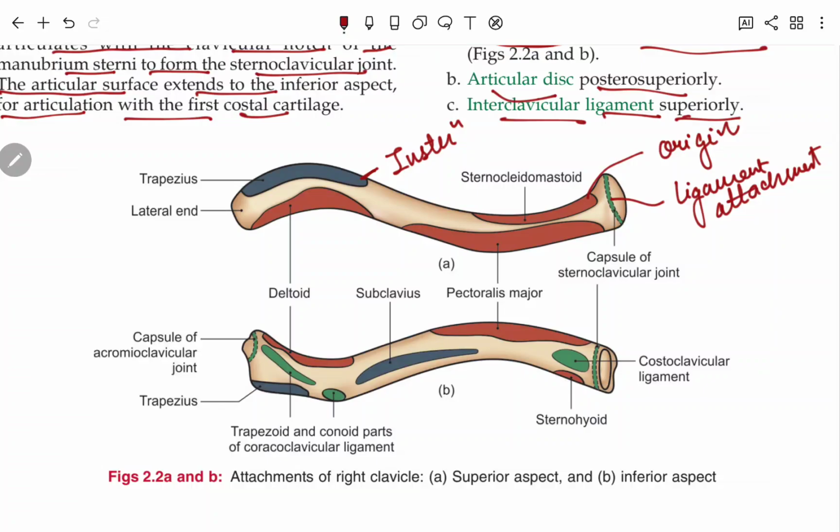Okay, we can't describe from where the ligament is going, from where it's going to end. We can tell, okay, from here the muscle has started and at this point the muscle is going to end.